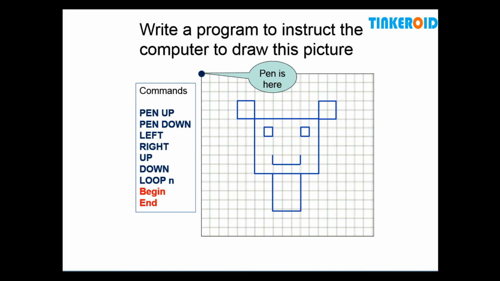After writing the complete program, you hand over your program to your friend. He will be your robot and he will just read your instructions and draw accordingly. He should not use his brain but simply follow the instructions written by you and draw the picture on a graph sheet using the pen.